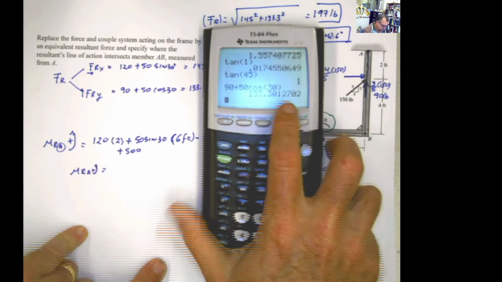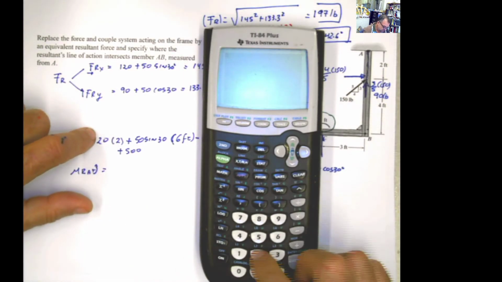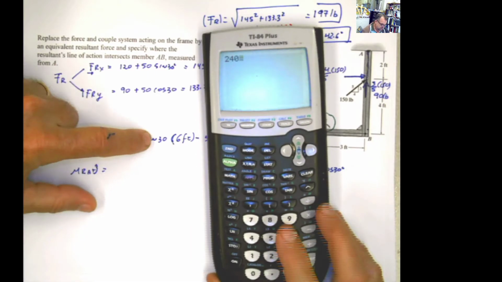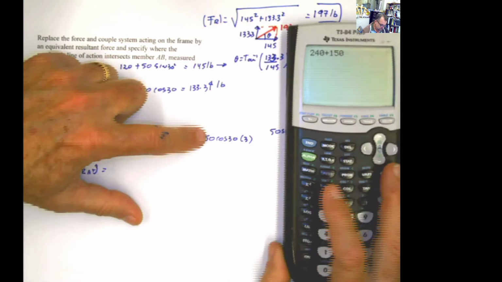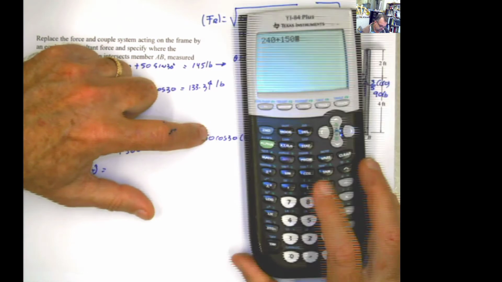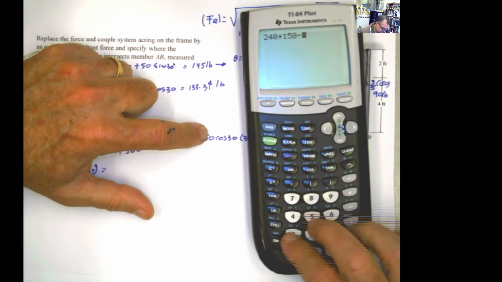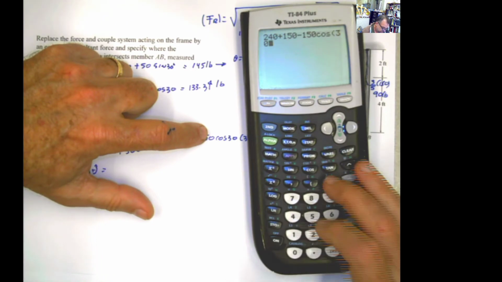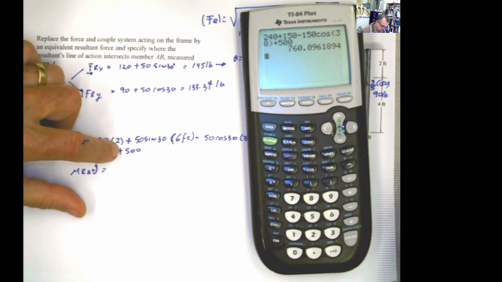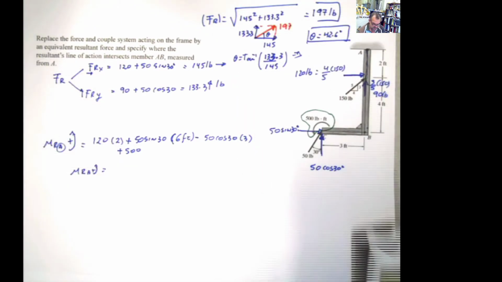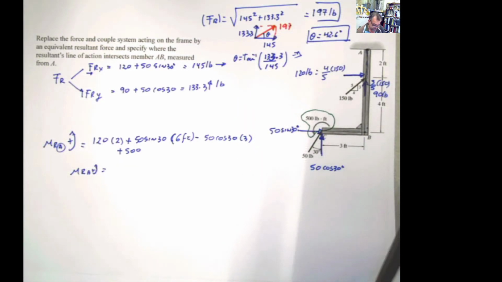Once you do this, you can calculate your resultant moment at A. The resultant moment at A will be 120 times 2 is 240, 50 times sine 30 is 25 times 6 is 150. Then this one, it will be 150 cosine 30 minus 150 cosine 30 plus 500, and that will be 760.09 if I'm not mistaken.